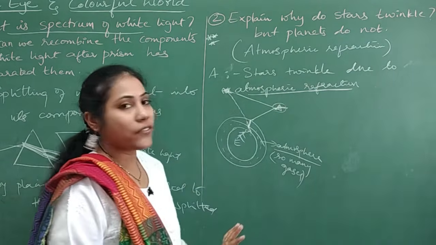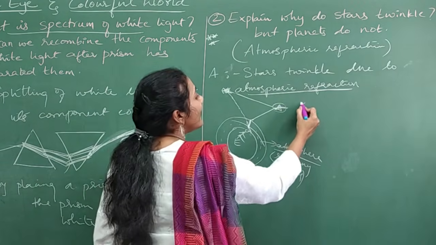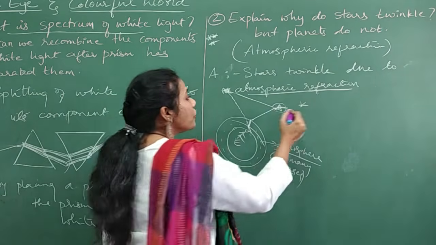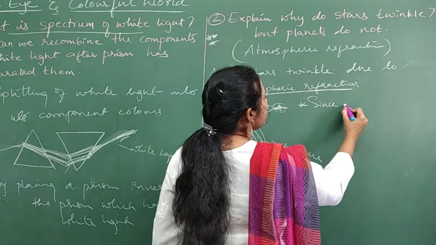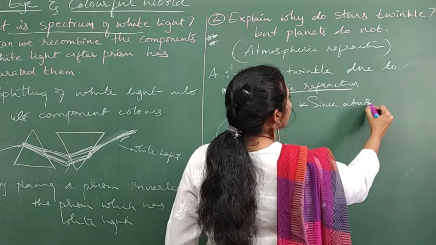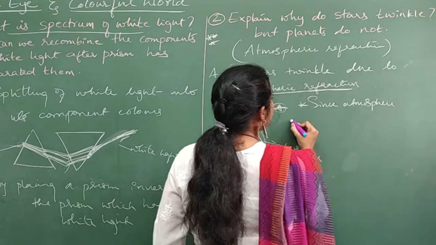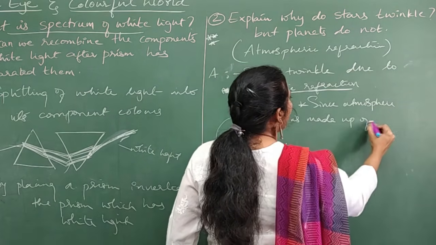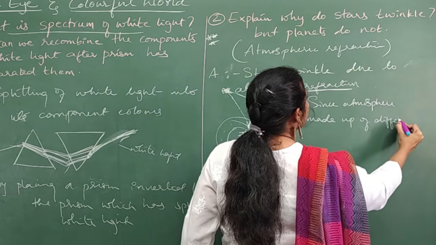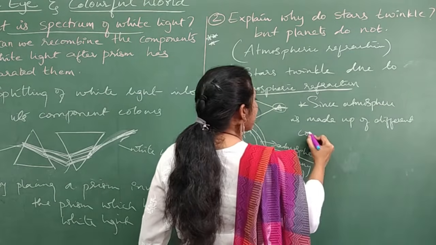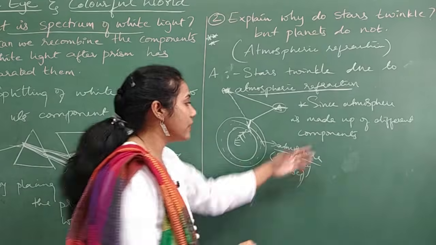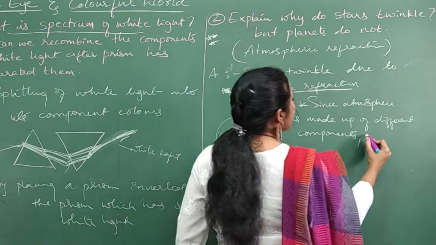So what are the points that we can write for this question is, say first point is stars twinkle due to atmospheric refraction. Now you have to elaborate what is that atmospheric refraction. Okay, so since atmosphere is made up of different components. That means you will have so many gases in the atmosphere, different components.